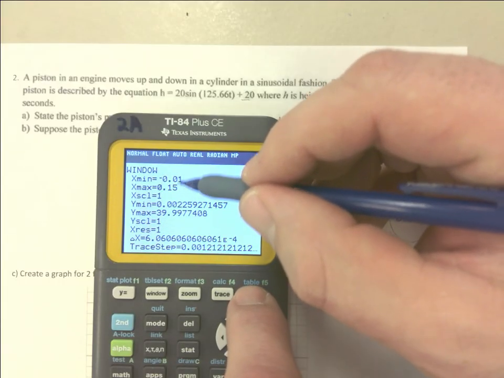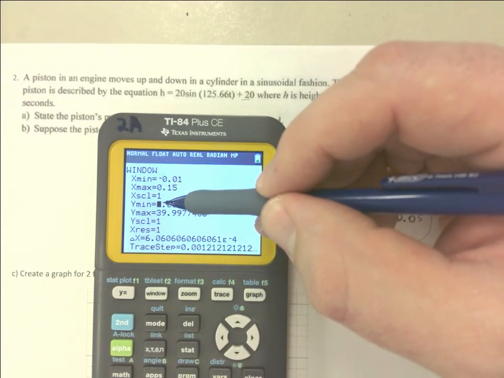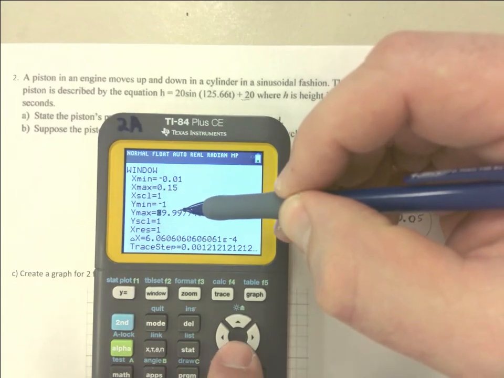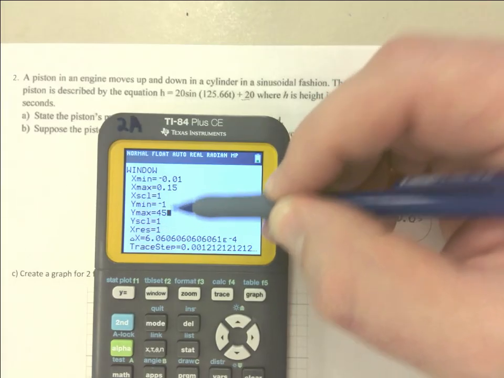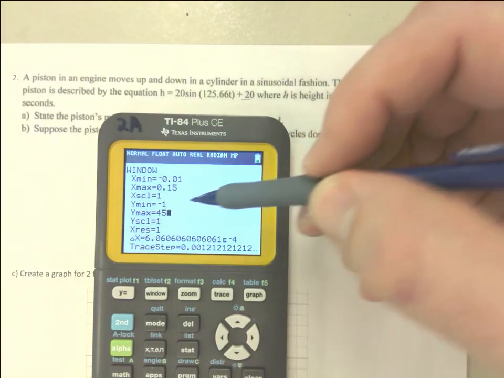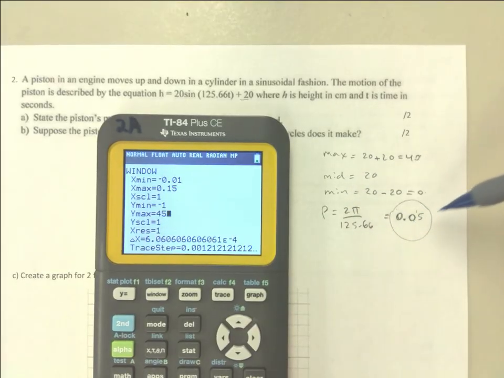If you've done these changes, and obviously, sorry, I meant to also say Y min, I'm going to go -1. Y max, I'm going to go 45 or something, because it goes between 0 and 40. We know that. That's why I want you to read information off of your equation. That's a fail-safe method of making sure you're doing something right.